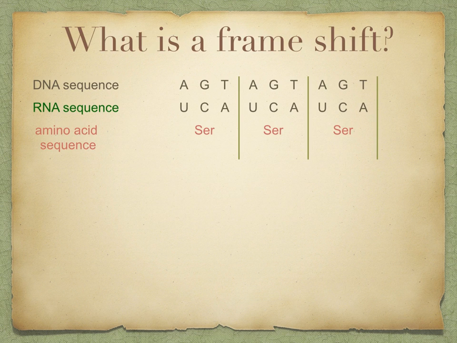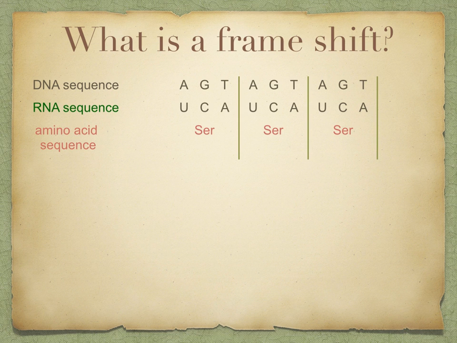Okay, let's have a look at a frameshift. Well, addition, deletion, and duplication will alter the way the triplets of bases are read, and thus the sequence of amino acids that make up the polypeptide will change. For example, you've got the DNA code AGT, AGT, AGT.